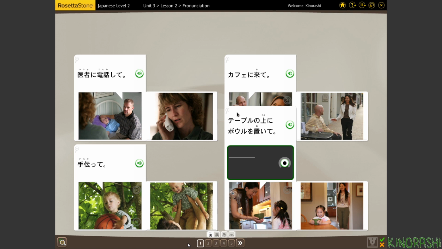To help, to assist, aid. Okay. So, tetsudate.